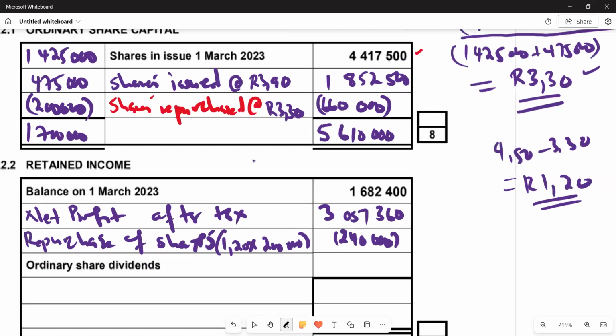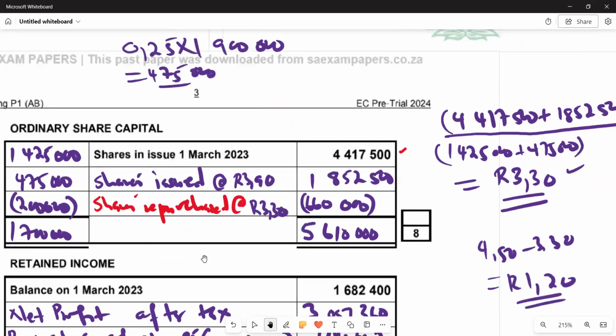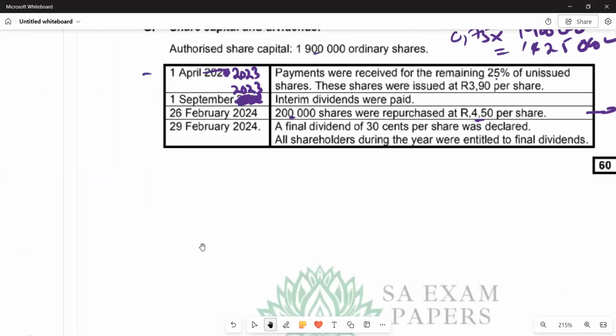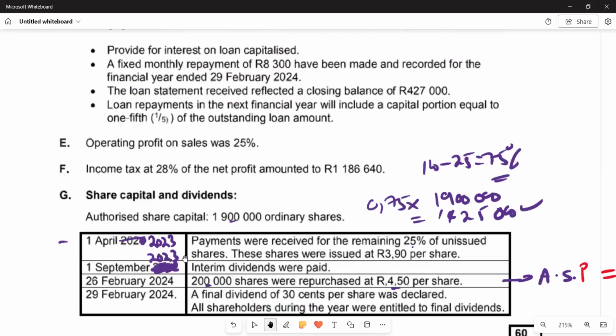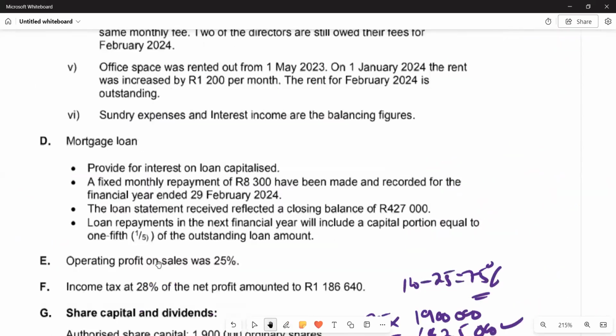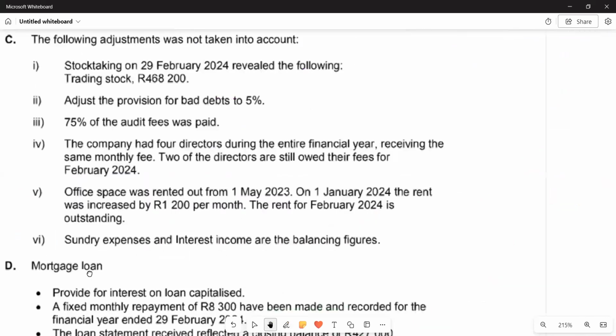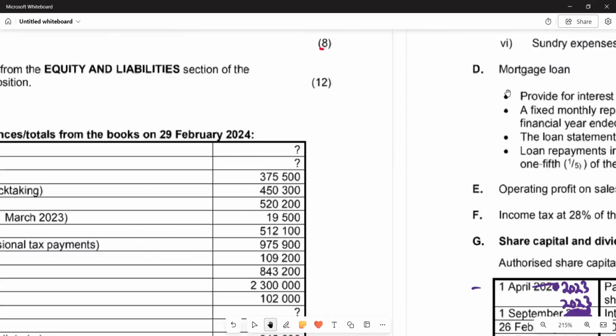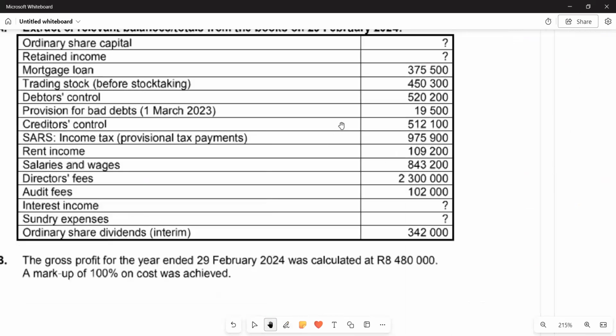Then, we go to the section of ordinary share dividends, whereby we go to the question again to see what information we have for dividends. If you come here, you would see that ordinary share dividends interim are given as 342,000.